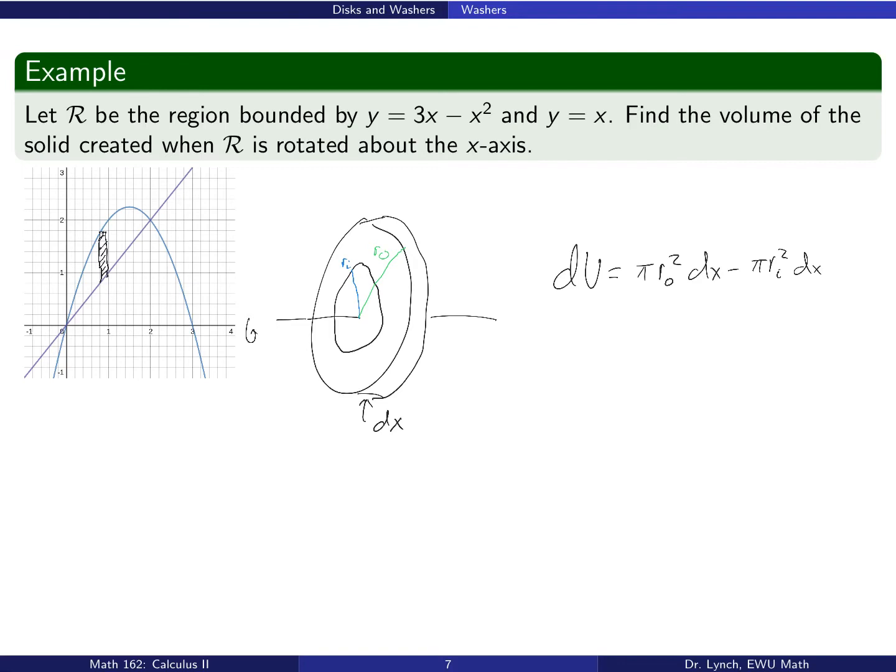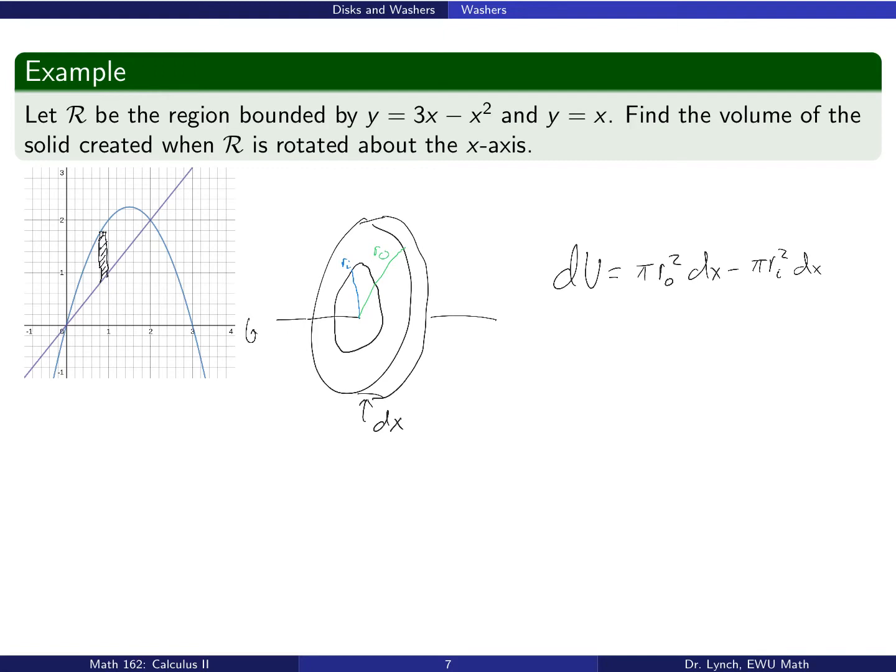We see that the volume of the washer is defined by the difference in two disk volumes: pi times an outer radius squared dx minus pi times an inner radius squared dx. Of course, the inner radius is given by the distance from the x-axis to the line.